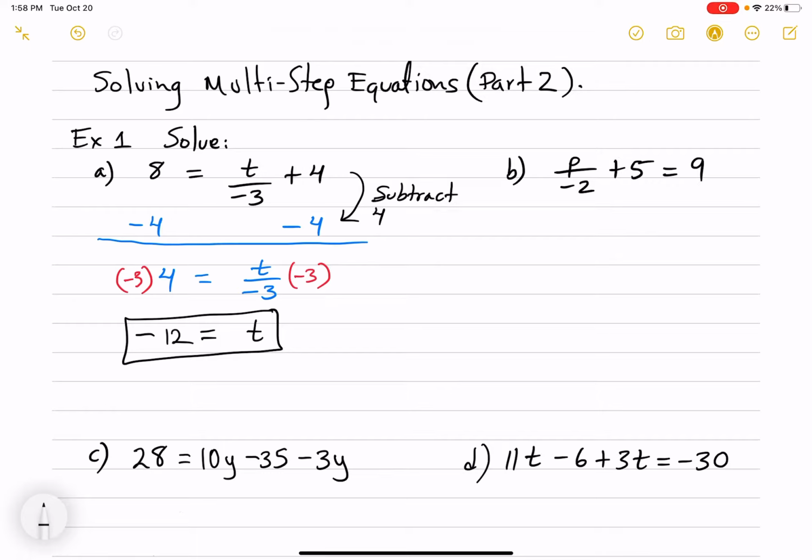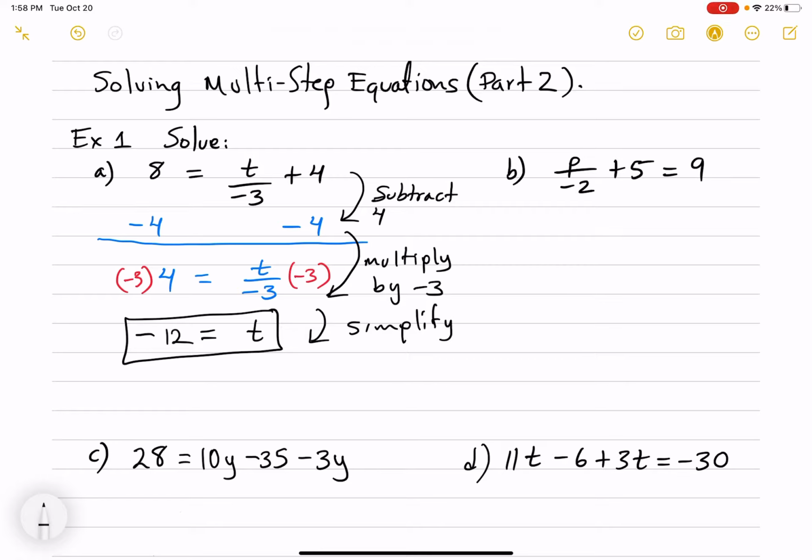The next thing we did was multiply both sides by -3. And then finally we just simplified. If you needed to justify your steps, that's the way you would write it down.